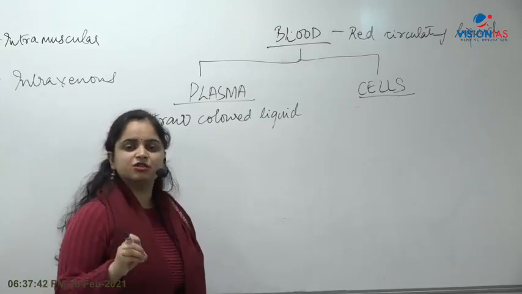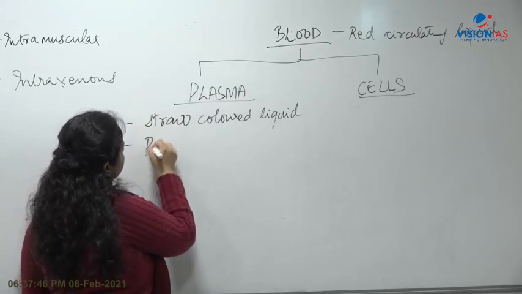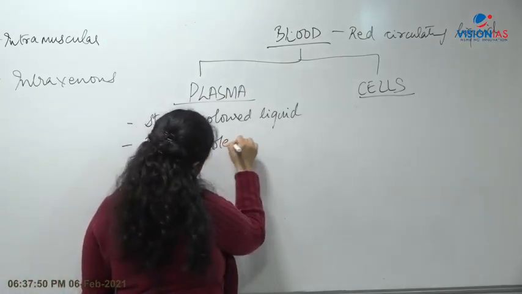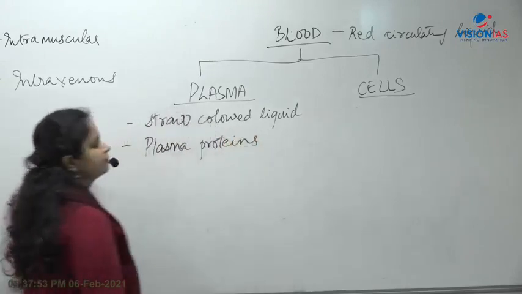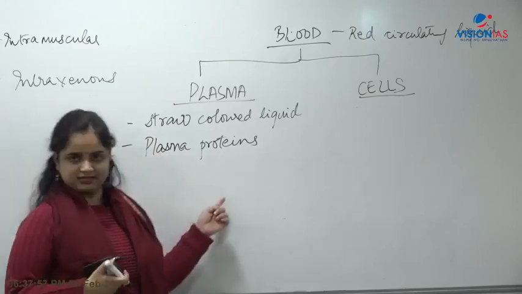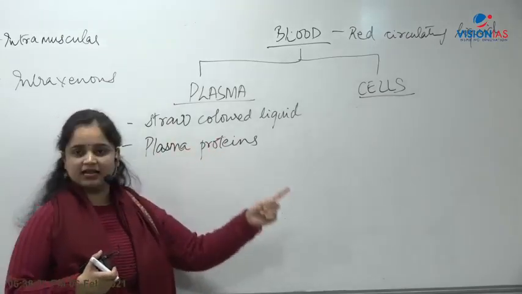And it has a special property of containing proteins. So there are blood plasma proteins which are found here. Okay, blood plasma proteins. Please keep writing this down. Blood has two components, plasma and cells.